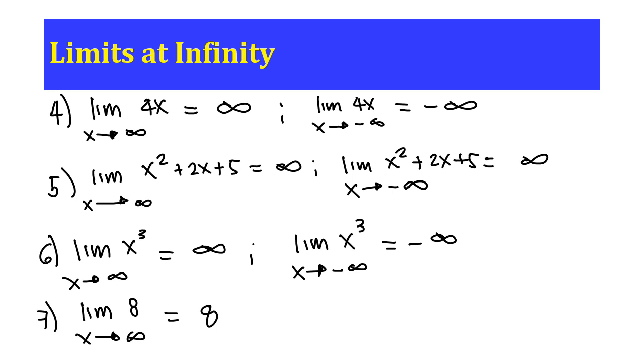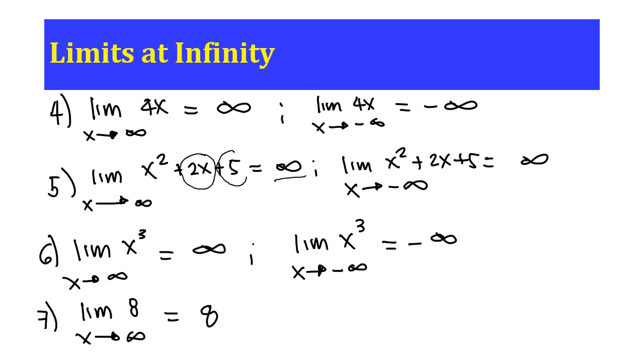Number 5, the limit of x squared plus 2x plus 5 as x approaches infinity is equal to positive infinity. Ang technique po dito ay kalimutan na po natin yung mga less significant na terms.